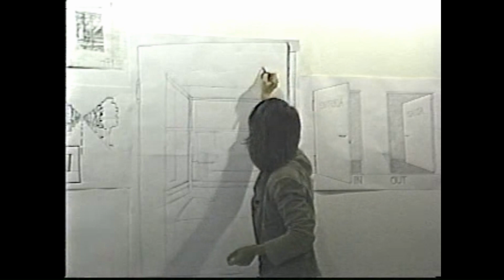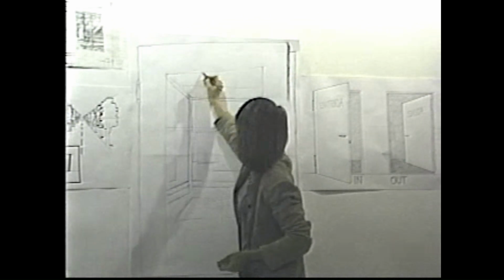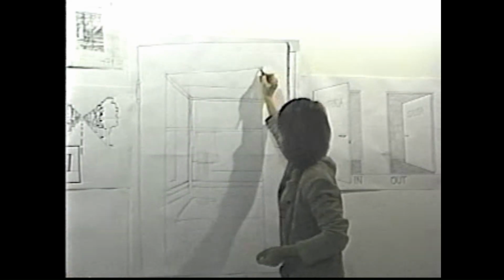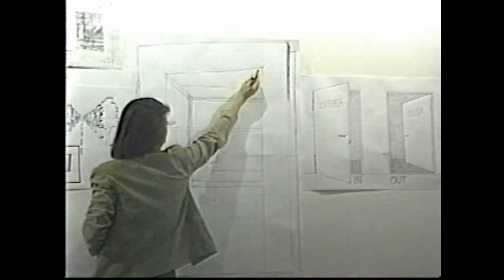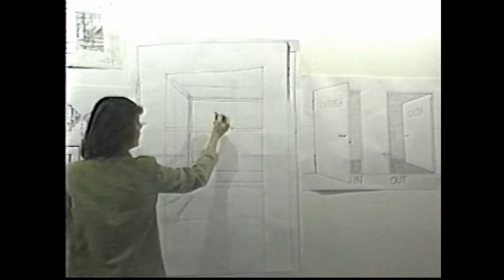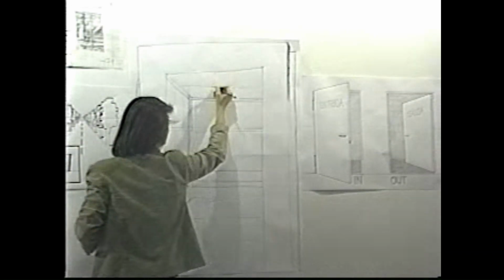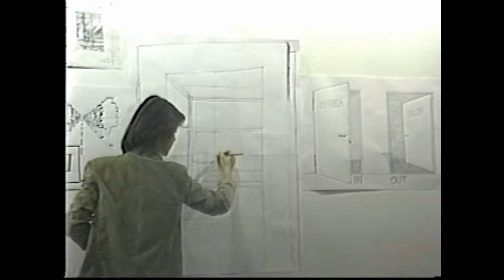Here comes that converging line all the way into the point. We stand on the side so you can really see everything very well. We have this line converging and the high line horizontal. The center line goes all the way vertical, vertical down.